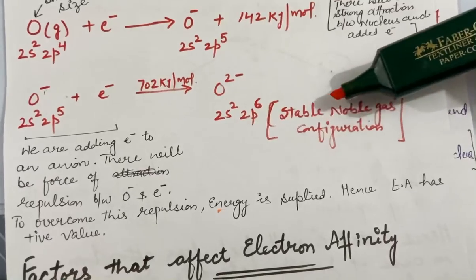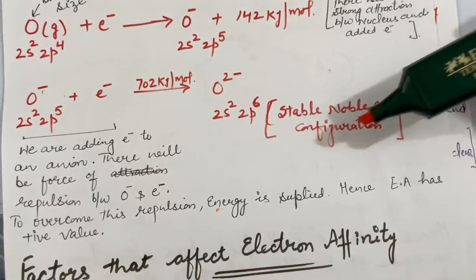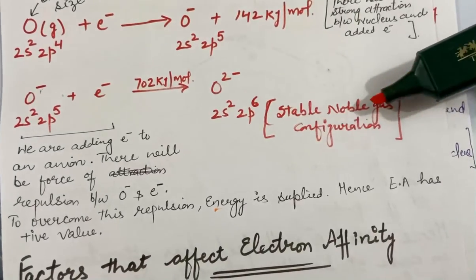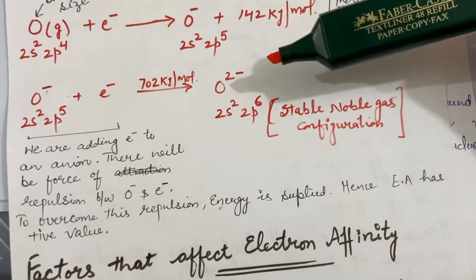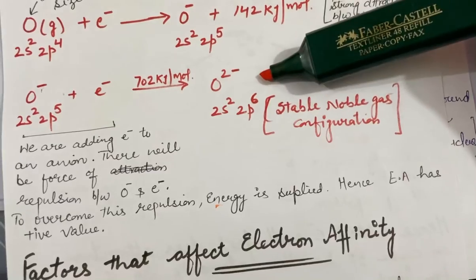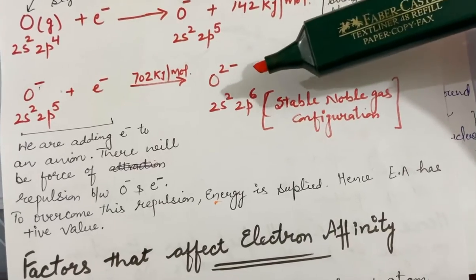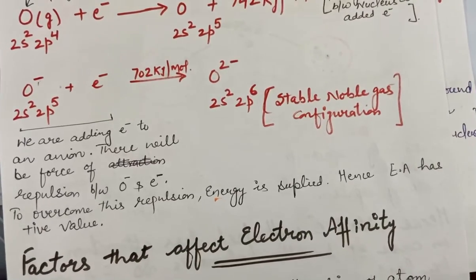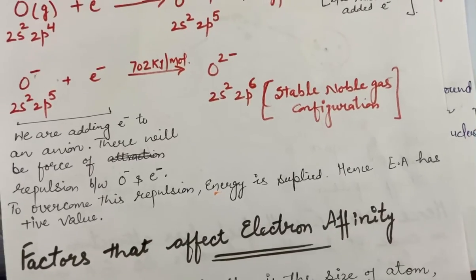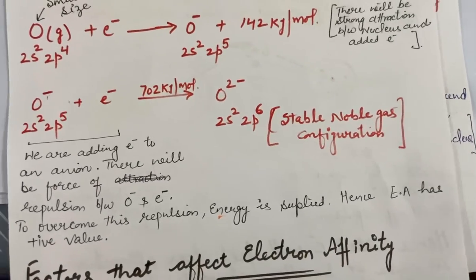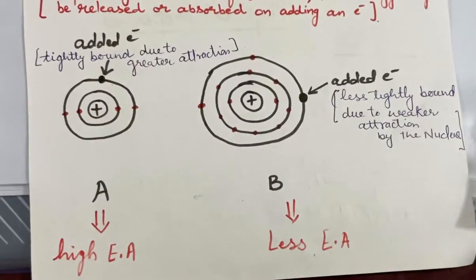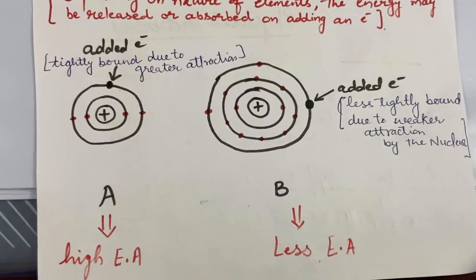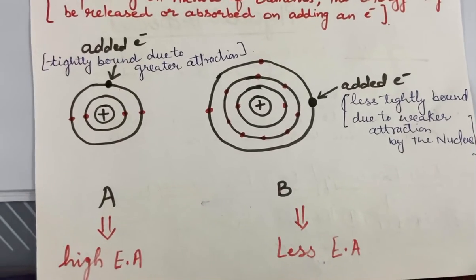Means the stable noble gas configuration of the O2 negative ion favors the formation of the O2 negative ion more as compared to the O1 negative ion. Clear?